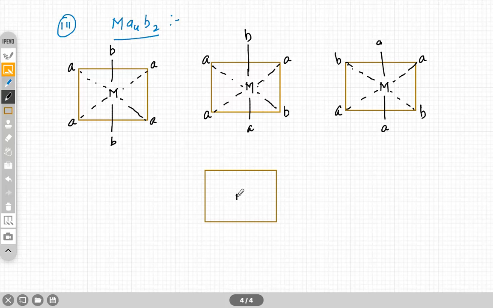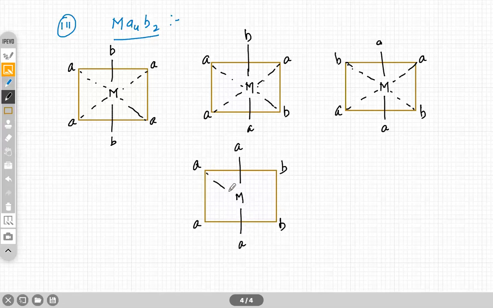So in the second one, if we interchange the top B with the right A. This one, yes, sir. Okay. A, B, A and B. This is what you're saying, Anjali? Yes, sir. This one. Tell me. Any other possibility?